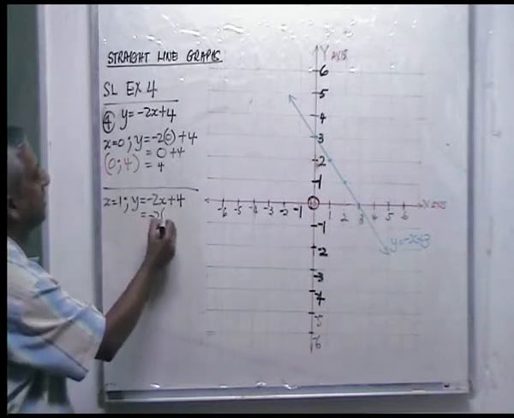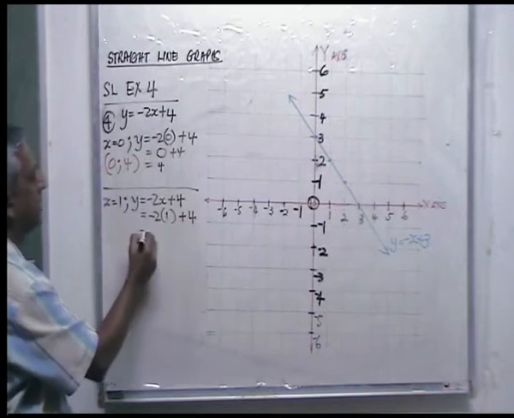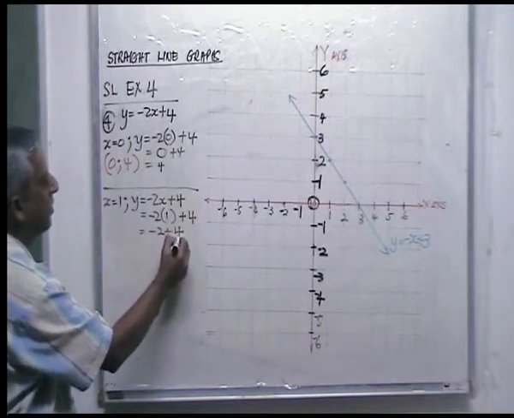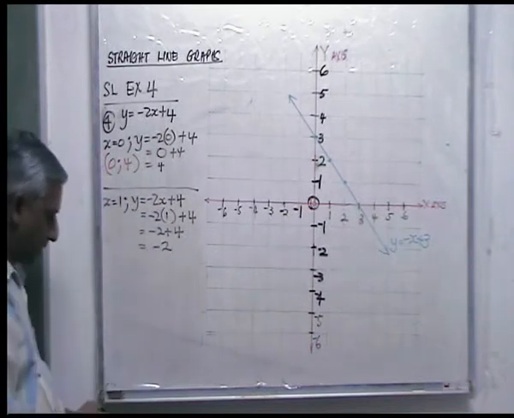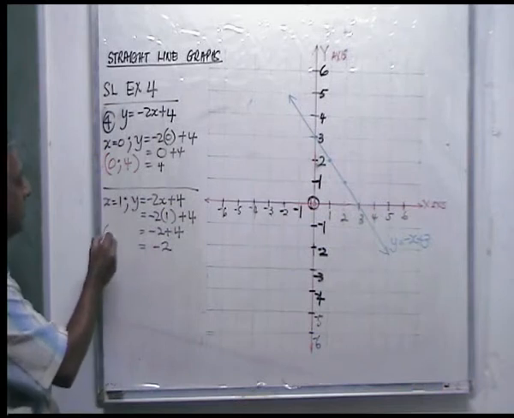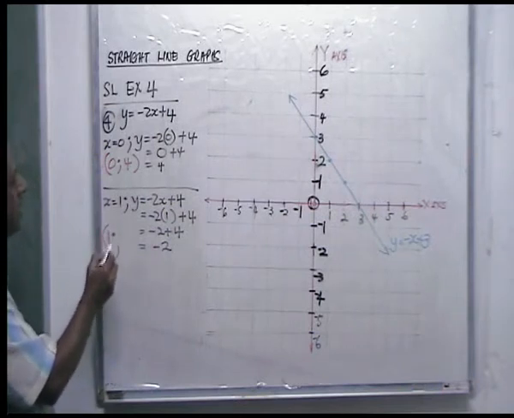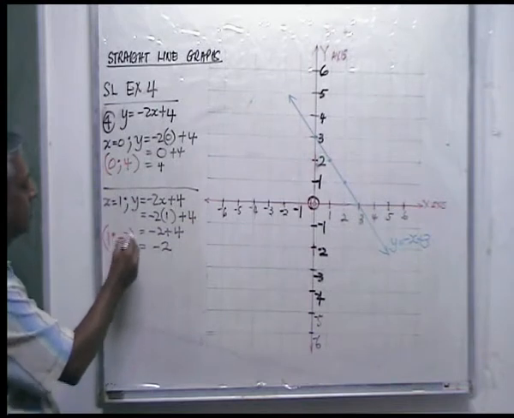So that's minus 2 times 1 plus 4. That's minus 2 plus 4. Minus 2 plus 4 will give you minus 2. So your second ordered pair is 1, and your y was minus 2.